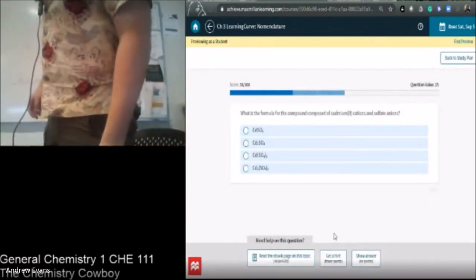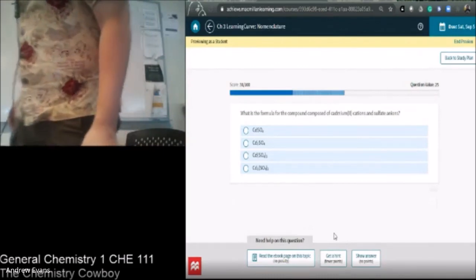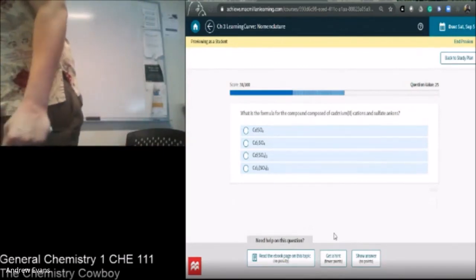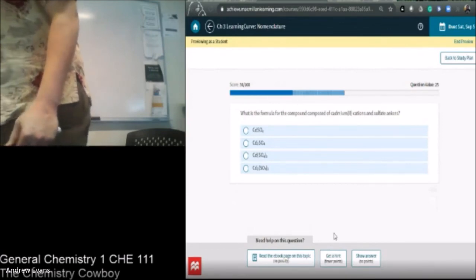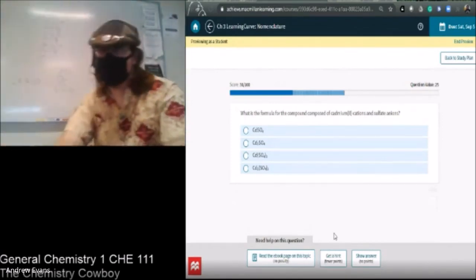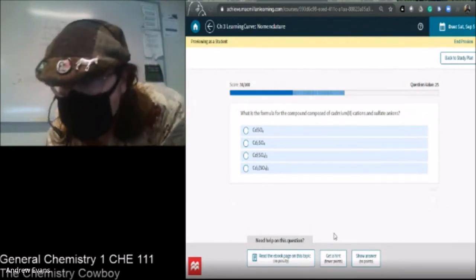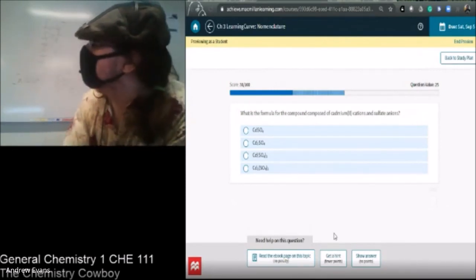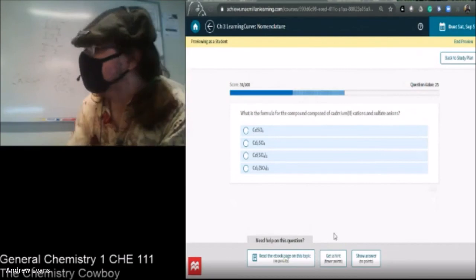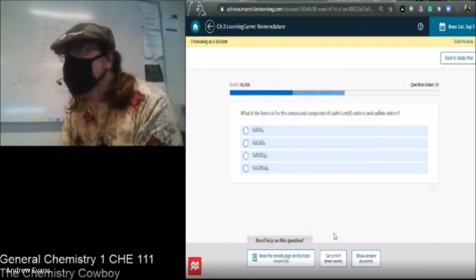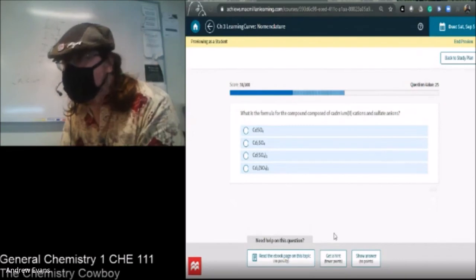Which of these 4 compounds is composed of cadmium 2 and sulfate? Cadmium 2 means 2 plus. Sulfate, here's the tricky part, is SO4 2 minus.